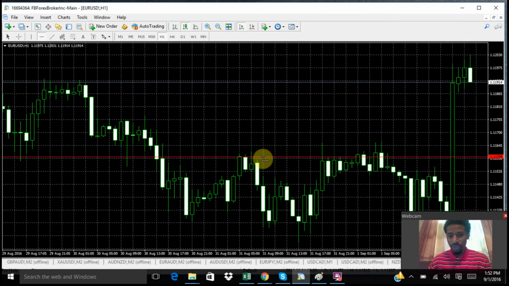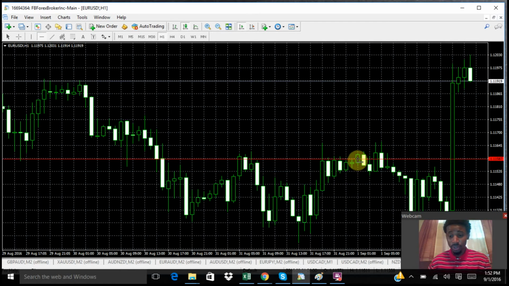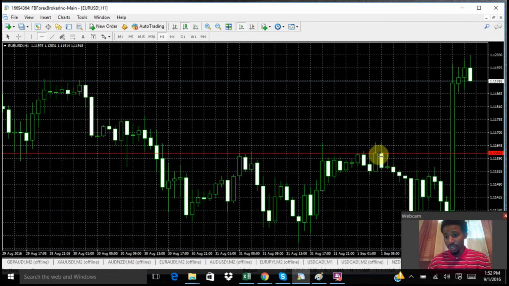There's an invisible wall right there, saying, hey, you're not going up no more. It's time to reverse. So as you're coming up again the next time, if it hits one of these spots, I'm looking to get in on a sell because I know it's struggling to pass this area. It's going to do the same thing as it did the last time, because history repeats itself. That's the general rule of life.